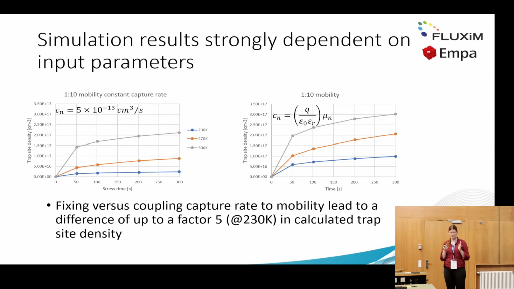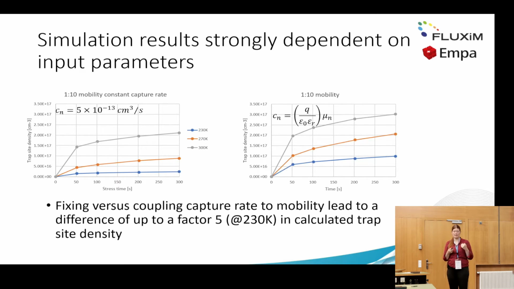And we also fix the capture rate to 5 times 10 to the power of minus 13 centimeter cubed per second. And in another simulation, we take the same mobility, but we calculate for each of the mobilities the associated capture rate.